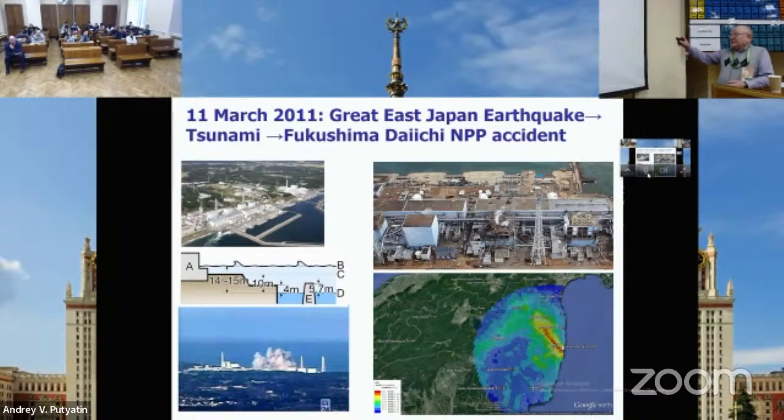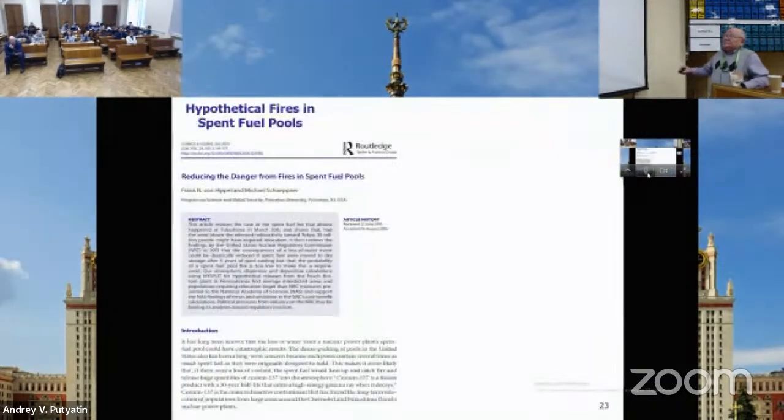Only local increases in the area adjacent to the nuclear power plant were observed.